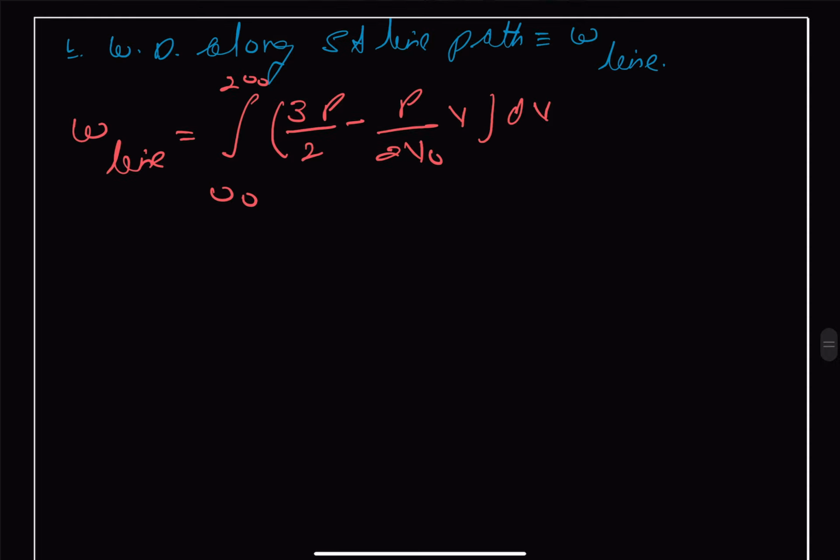This is simple integration. In the first term we get 3 P naught by 2 times V minus P naught upon 2 V naught times V square, with limits from V naught to twice V naught.